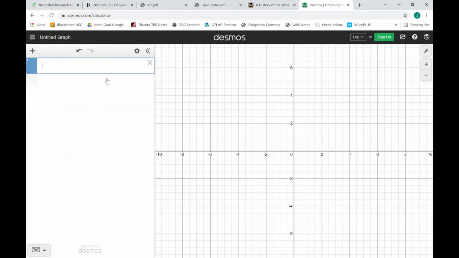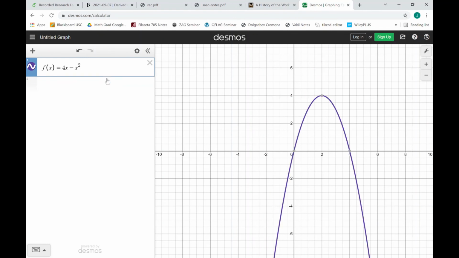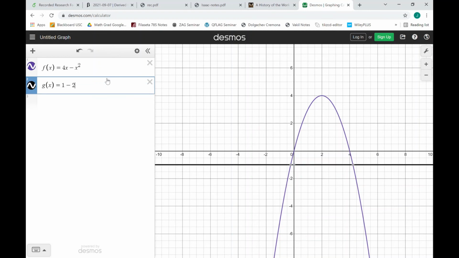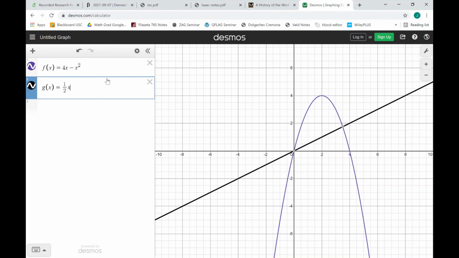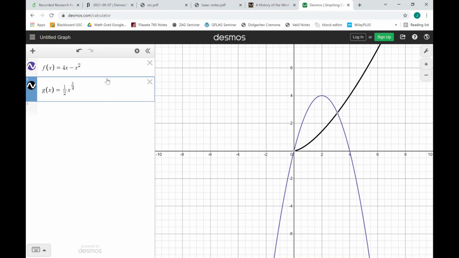So I've gone over to Desmos, and I can take the function f of x equals 4 times x minus x squared. That's our first function, and then we have g of x equal to 1/2 times x to the 3/2, and we end up with these two functions here.